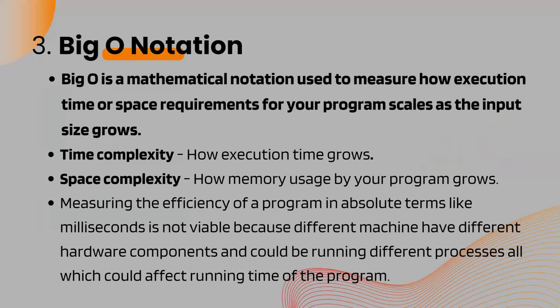So how does your program scale given a huge number of inputs? That is what the big O notation seeks to estimate: the running time and the space requirement for your program. As the input grows, how do those two factors grow? How do time and space grow?